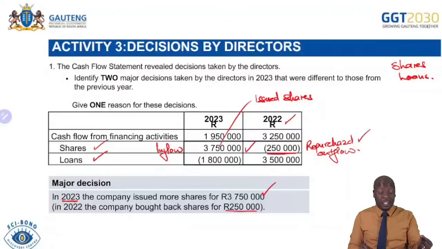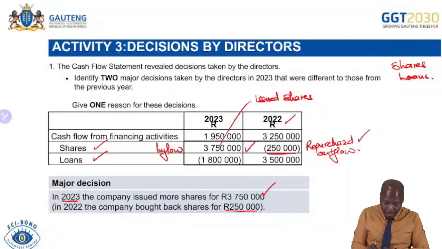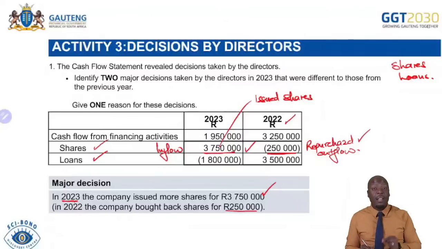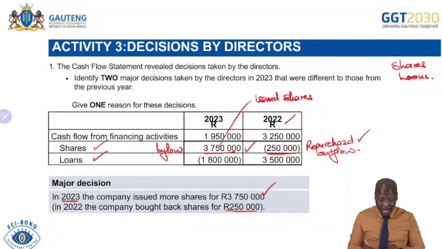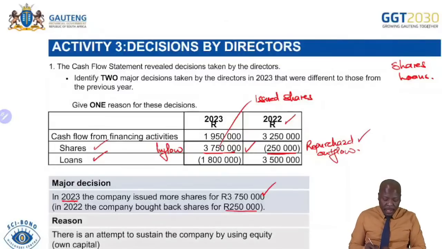That is one major decision. You can see the amounts that we're dealing with. Here we're dealing with 3,750,000. That's a major decision by the directors. So one major decision is that the company has issued more shares as compared to the previous year when the company bought back shares. And then it says, give one reason for this decision.